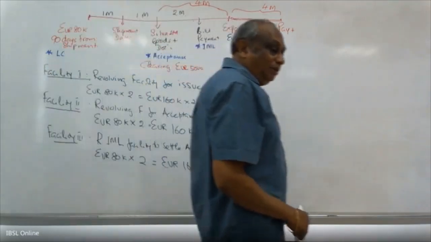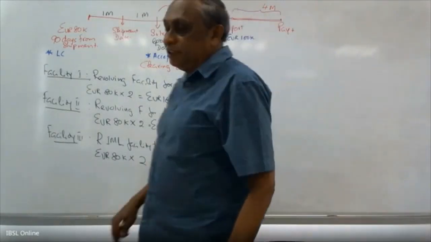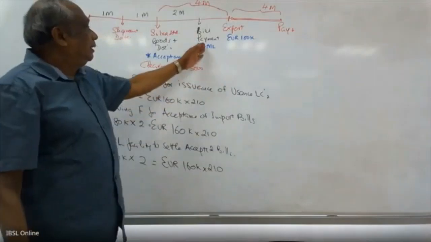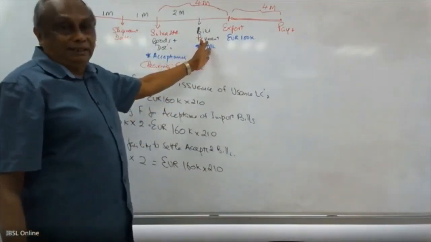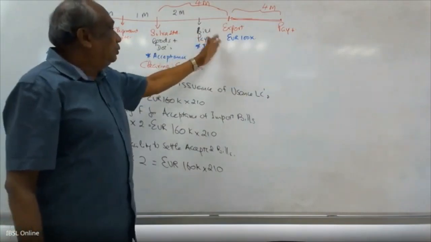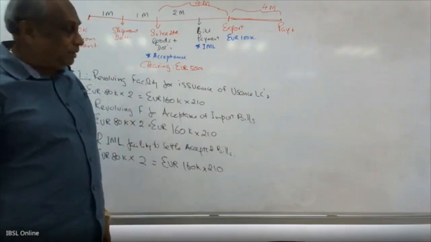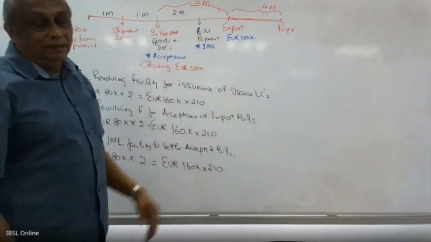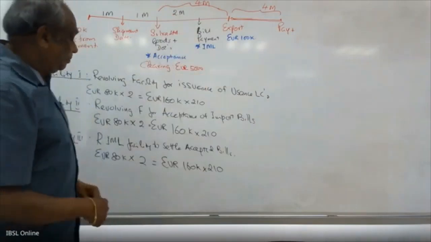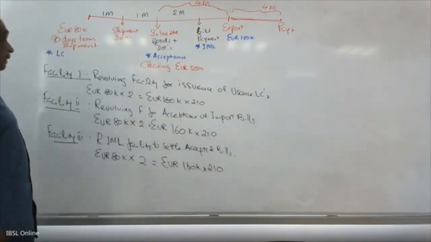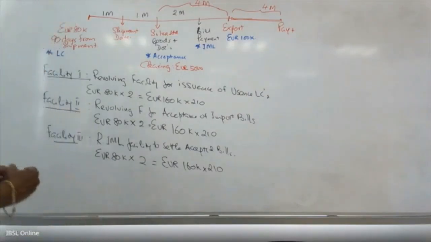When we purchase the bill, we can settle the loan immediately. So we assume after 2 months, we are going to settle the loan. Okay. Then the facility 4.